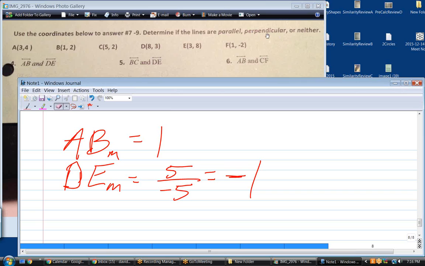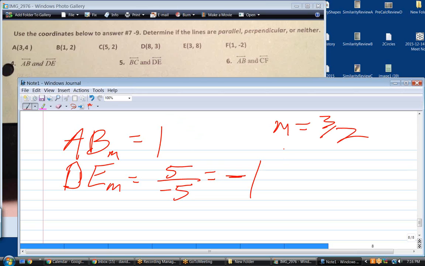Now, the other thing is perpendicular. What determines perpendicularity? I don't remember this one. Slopes. You want the slope that's perpendicular, you flip and make it negative. When I say flip, I mean if that's a ratio, let's say we had a slope of 3 over 2.